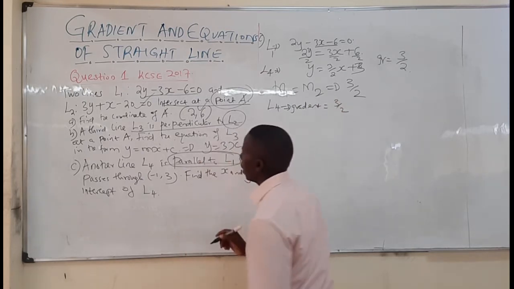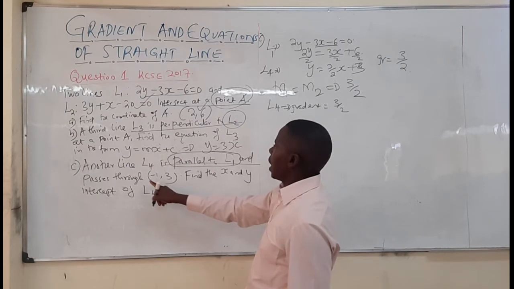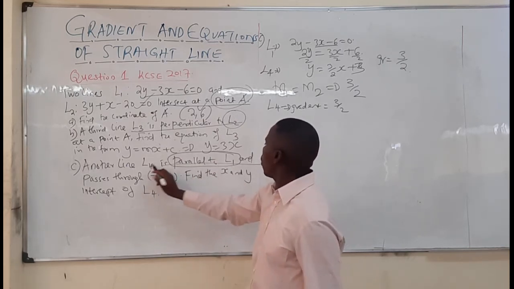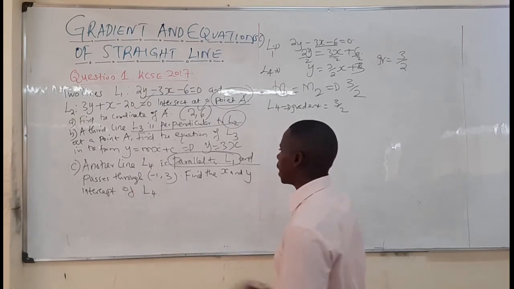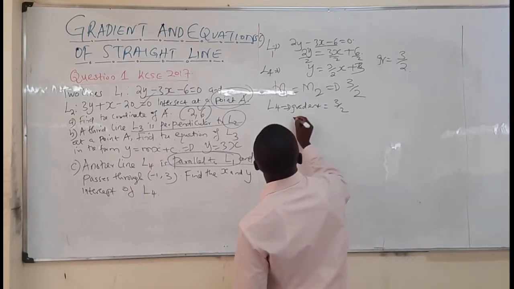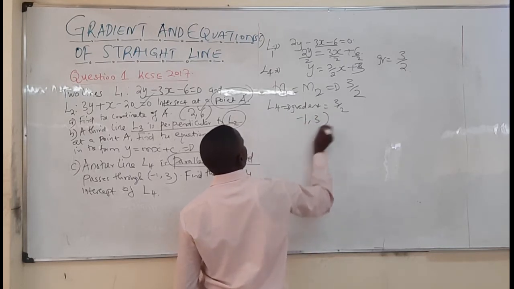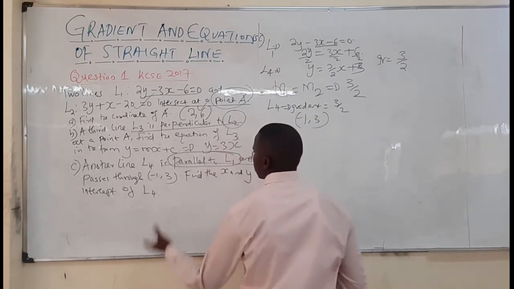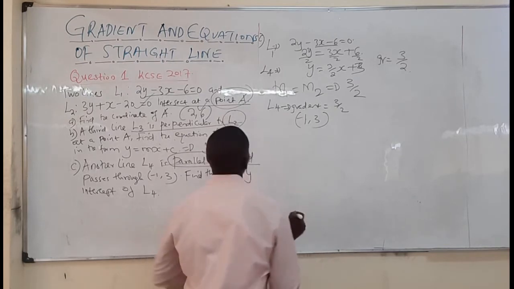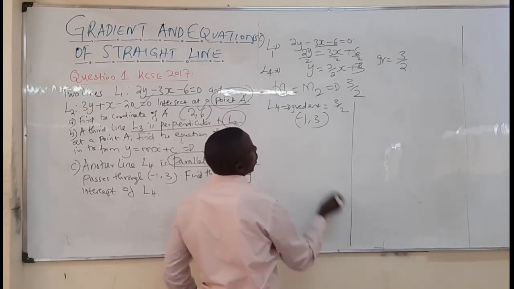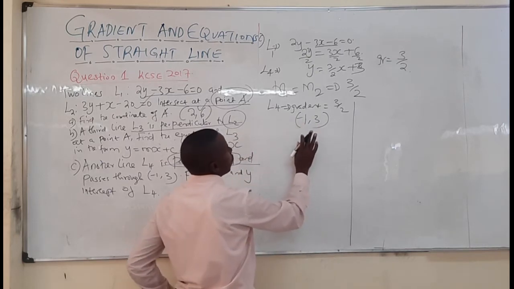Then we are told that line 4 is passing through the point (minus 1, 3), and we need to get the x and y intercepts of line 4. So the first thing here is to get the equation of line 4.